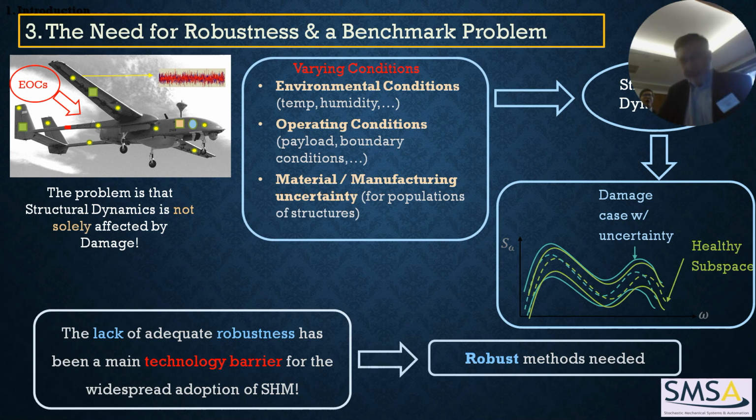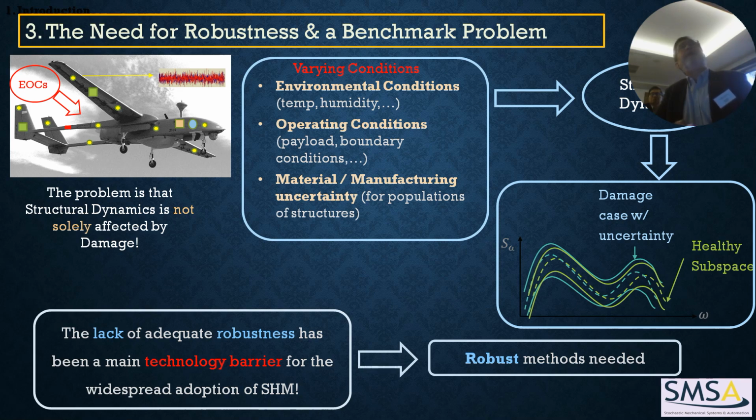The problem with the classical approach is that we do not fully account for certain varying conditions, like environmental conditions or operating conditions or material and manufacturing conditions or uncertainties. For example, if we're talking about environmental conditions, the structure, for instance, is affected by temperature, by humidity.